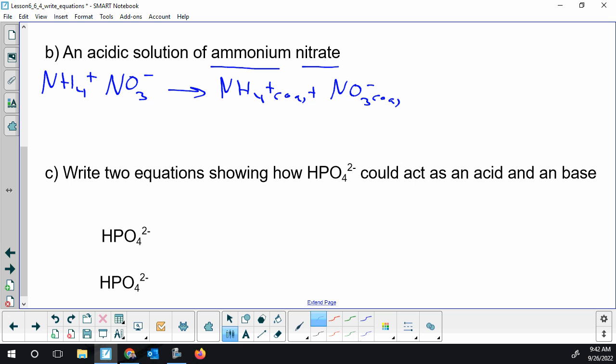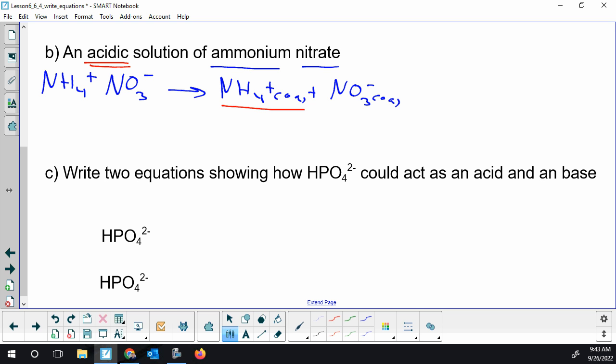And just looking at the dissociation, you're not sure which one species is going to continue, but, okay, we know acidic. Have to donate an H to the water. That's where the hydronium comes from. So our first species could potentially be an acid.